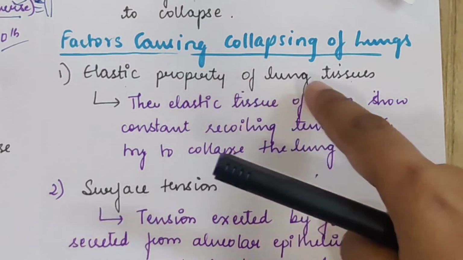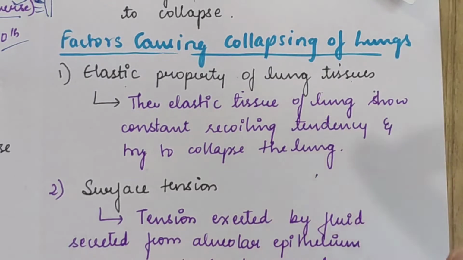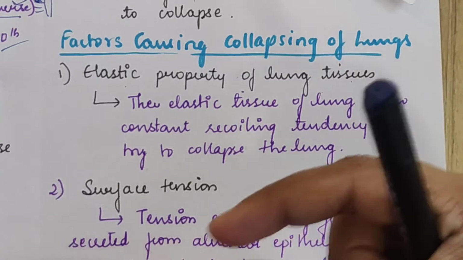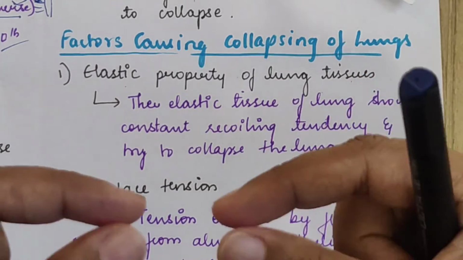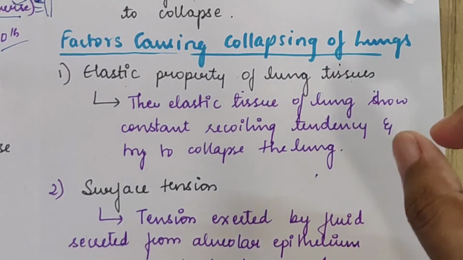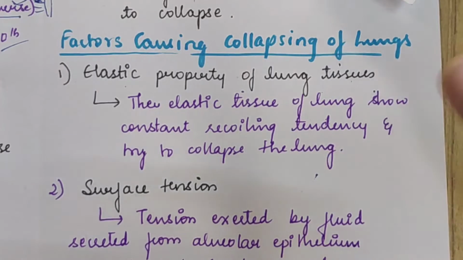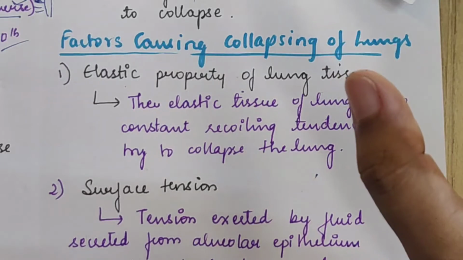Now, the elastic property of the lung tissue. This is elastic recoil. Correct? Now imagine the lungs are made of elastic tissue, kind of like a stretched rubber band. When we breathe in, the lungs stretch to fill with air. But just like a rubber band, it will snap back after being stretched.